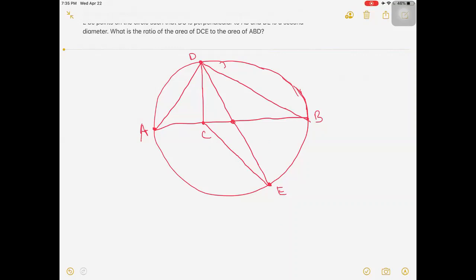Let's call the center O. Since AC is exactly half of BC, we know that the length of AC is just 1/3, and the length of CO is just 1/6.